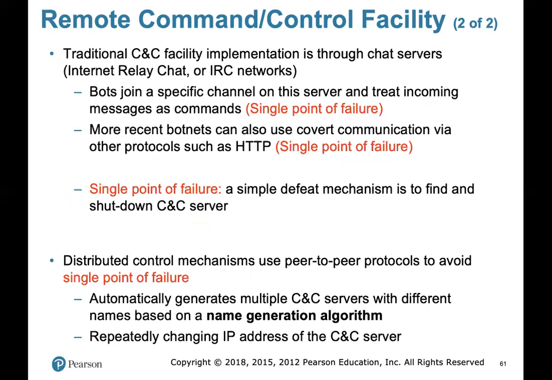Okay, now let's talk more about the CNC facility, or CNC server, control and command, or command and control, it doesn't matter how you put it. The traditional CNC facility or server is implemented through chat servers. IRC, Internet Relay Chat, is a network that you can chat with.